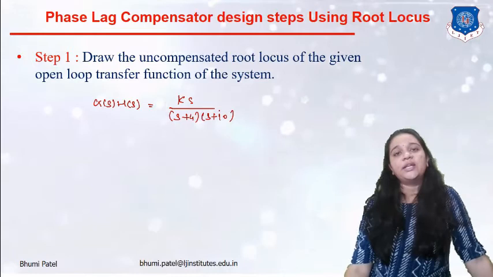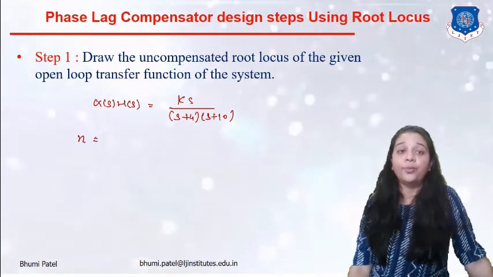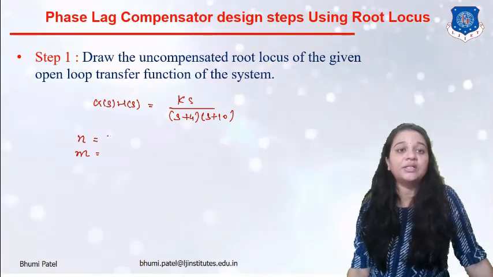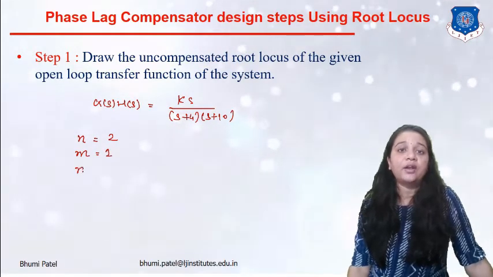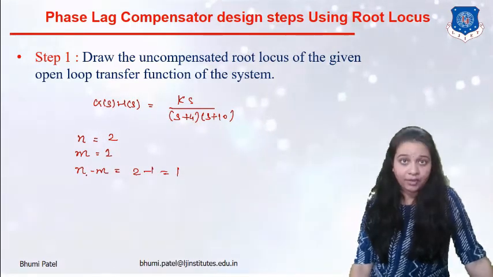Using step number 1, we have to find the number of poles and the number of zeros. Here you can see that the number of poles is 2 and the number of zeros is 1. After that we have to find n minus m, that is 2 minus 1, which is equal to 1.